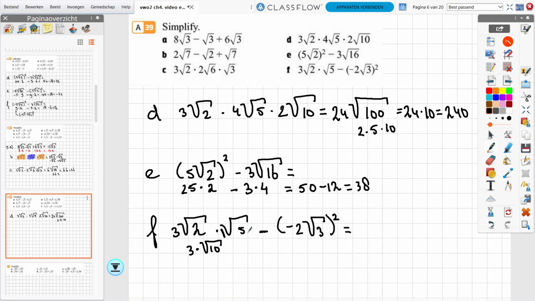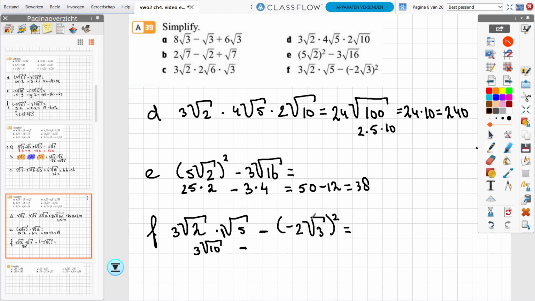This you cannot simplify because root 10 is not a nice root, right? You cannot calculate mentally which number that would be.